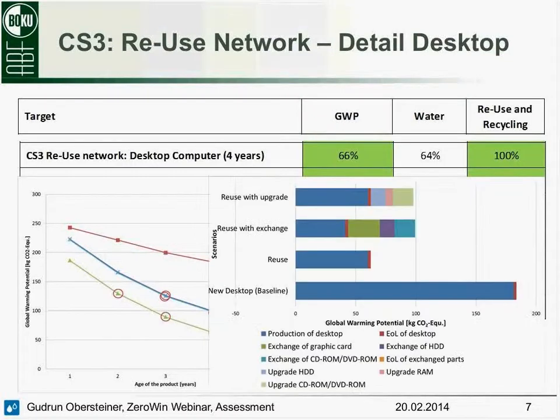So what you can see here are the savings you can reach for a reused desktop computer concerning global warming potential. And you see here the baseline, the new desktop, compared to reuse without any exchange and upgrade, and two scenarios with necessary exchange of CD-ROM and DVD-ROM or upgrade of hard disk drive and so on.